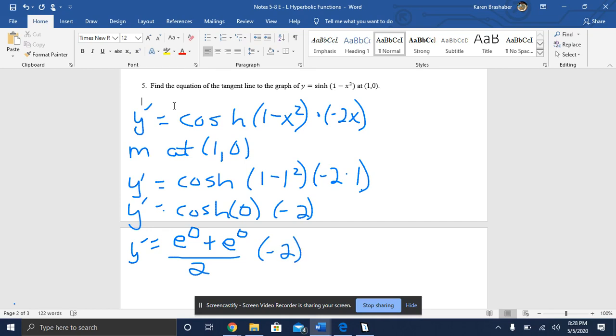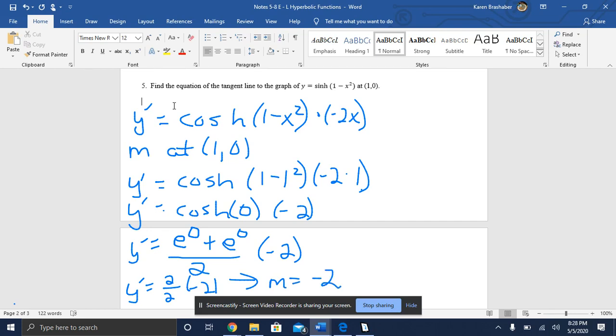So e to the 0 plus e to the 0, that would be 1 plus 1. So your numerator is 2 over 2 times negative 2. And so your slope is negative 2.